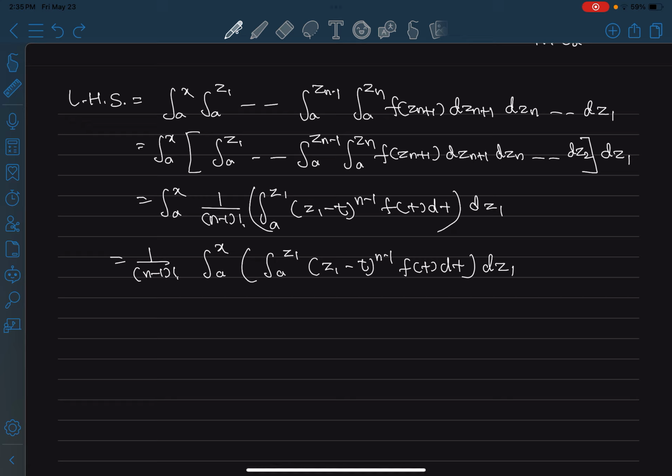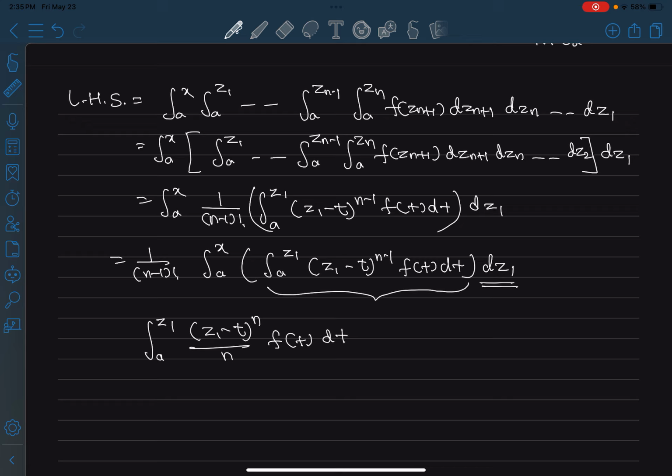The integral of this entire expression with respect to g1 just turns out to be the integral from a to g1 of (g1 minus t)^n / n times f(t) dt.